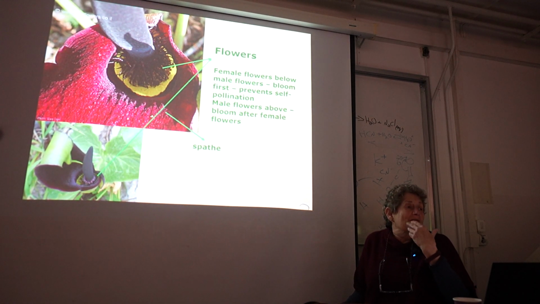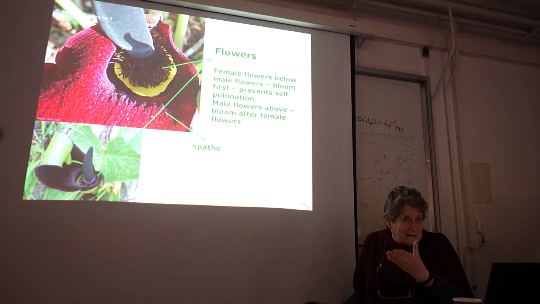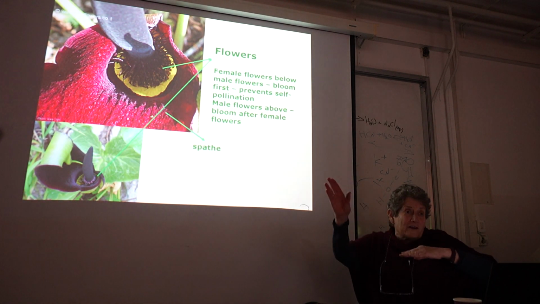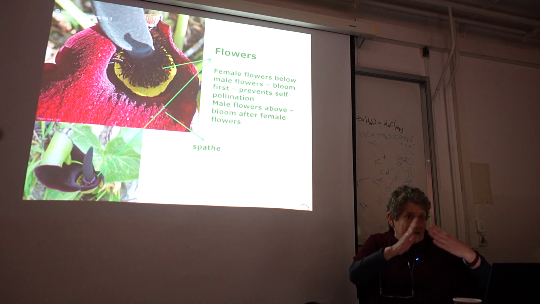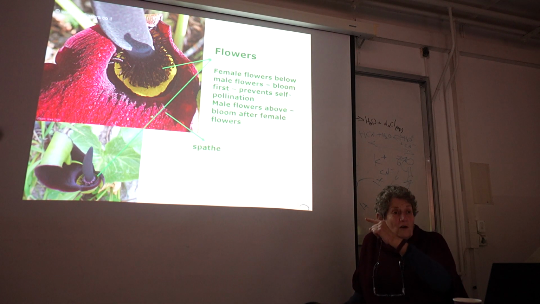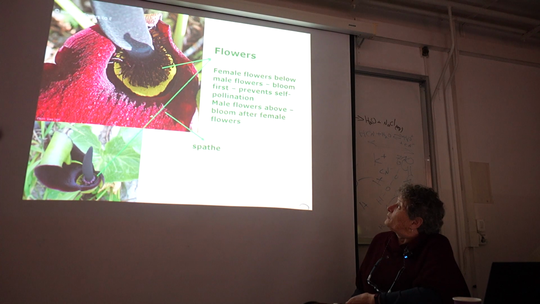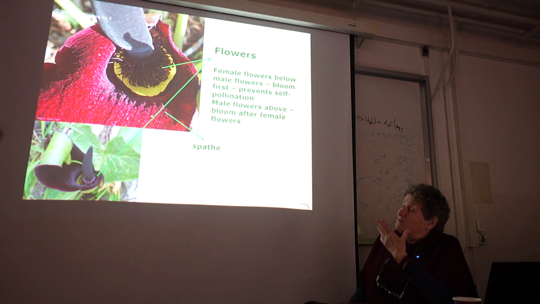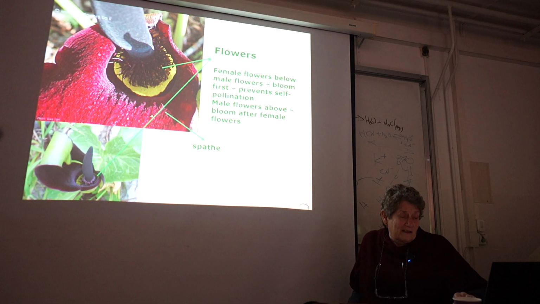By the time the male flowers bloom, the female flowers have completed blooming. And this is in one flower. Different flowers, of course, have a difference in timing. That's why you can only have cross-pollination. All this is done to prevent self-pollination.